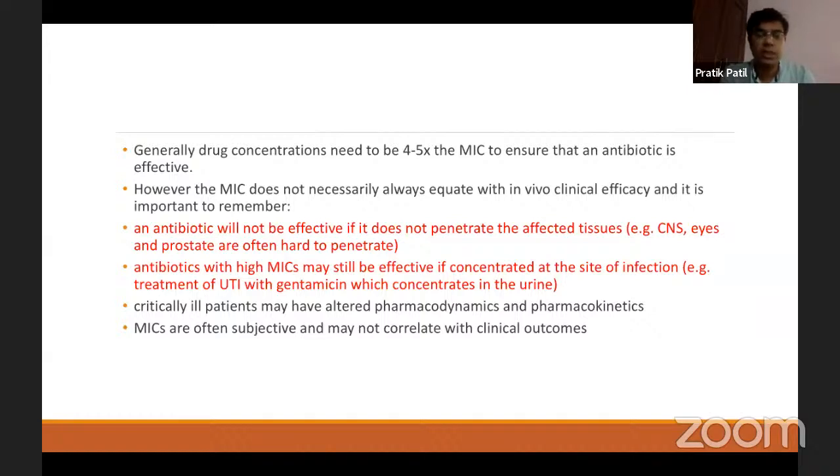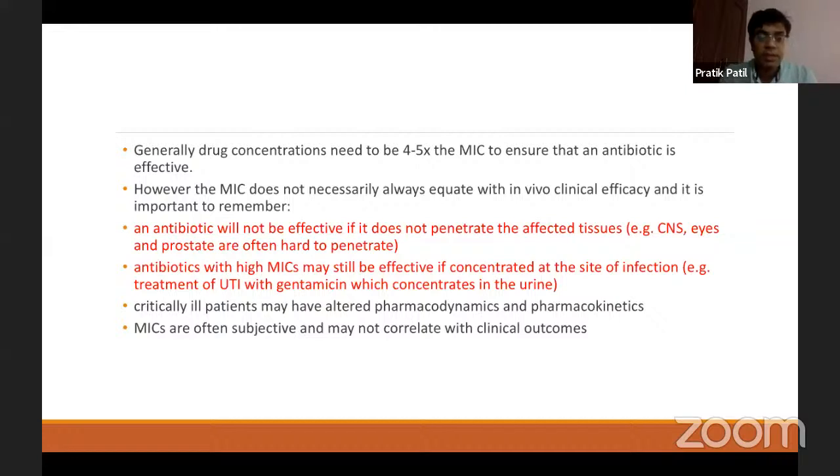Let's say the sanctuary sites, which are the CNS, where it must penetrate the blood-brain barrier, the eyes, and the prostate. In these tissues, you need good penetration of the antibiotic. And antibiotics with high MICs may still be effective if they get concentrated at the site of infection. Let's say in UTI, the aminoglycosides get concentrated. That's why they can still be used even if there is a high MIC.